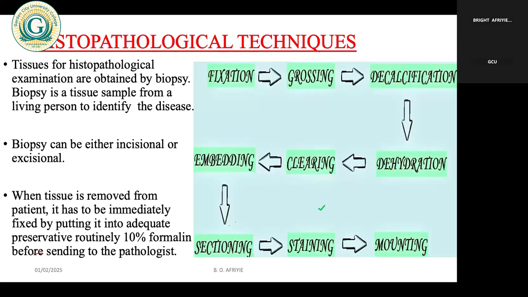The routine fixative is 10% neutral buffered formalin. That's how come sometimes people go to the lab for results, and at the end of the day, they are told that the sample they brought was not a good one, so change the sample.